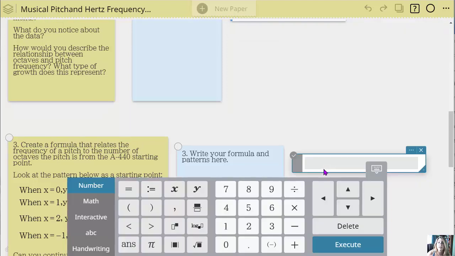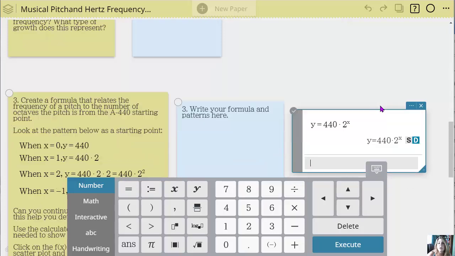Let's say they come up with the formula y equals 440 times 2 to the x. Is that what we're doing here?